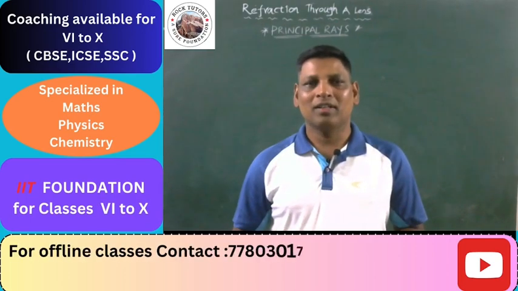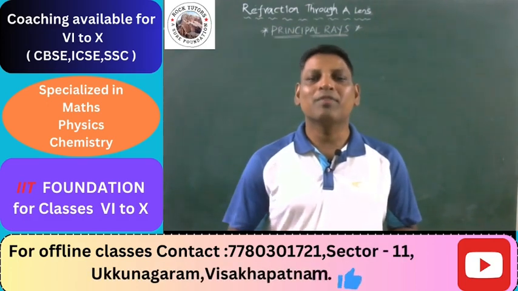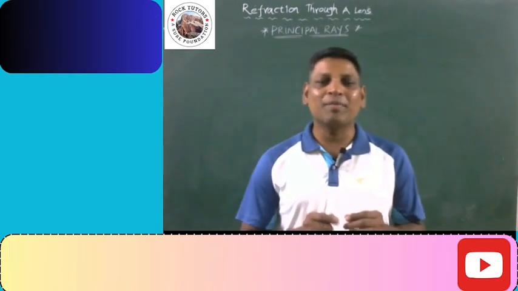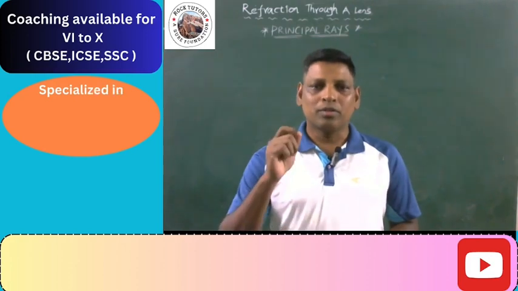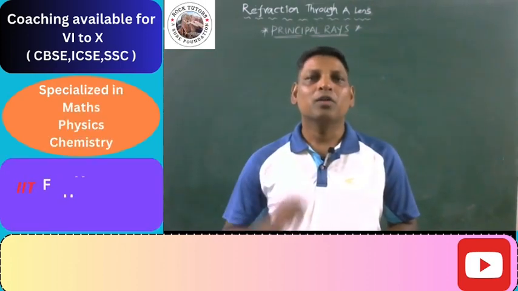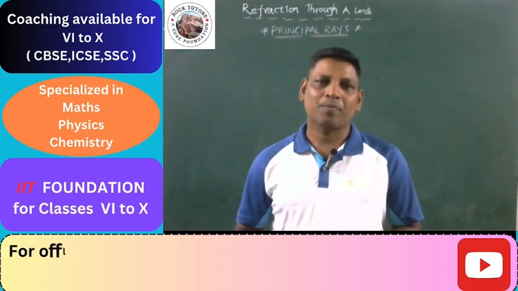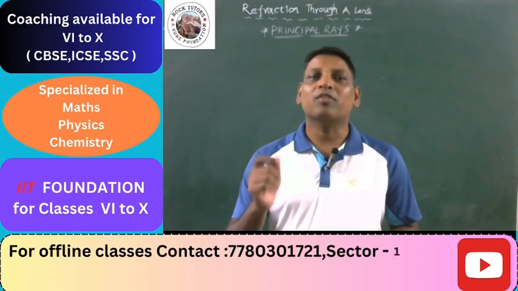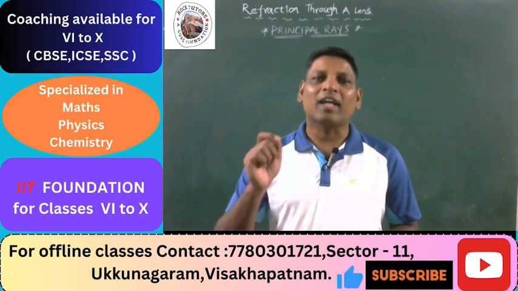This topic is a continuation of the previous topic. This topic is a little bit lengthy, so I decided to discuss it in two sessions. In the first session, we will discuss what we require to form an image, what an image is, and the kinds of images.